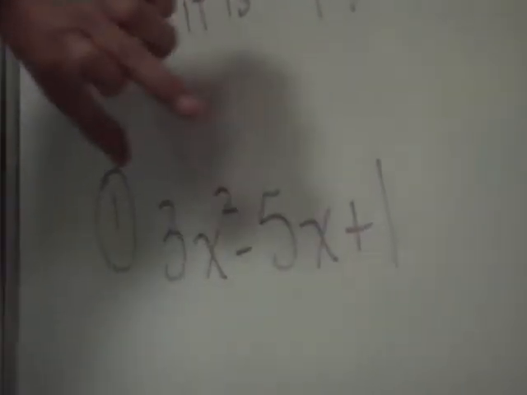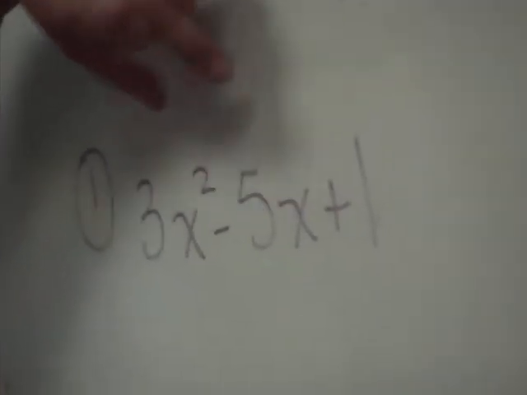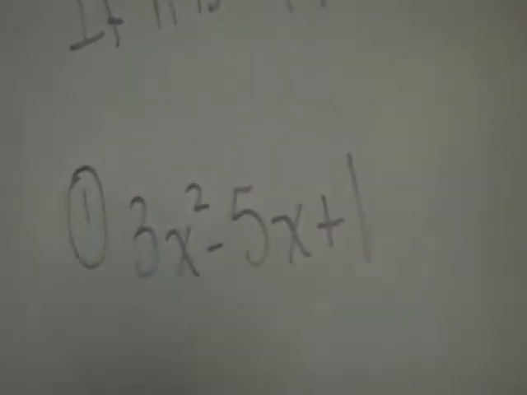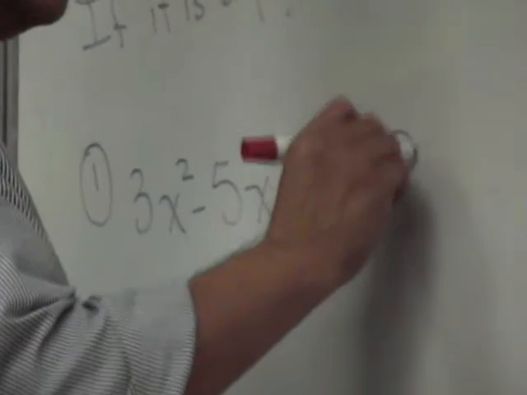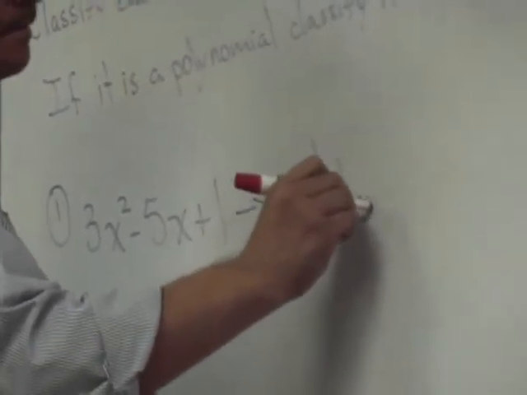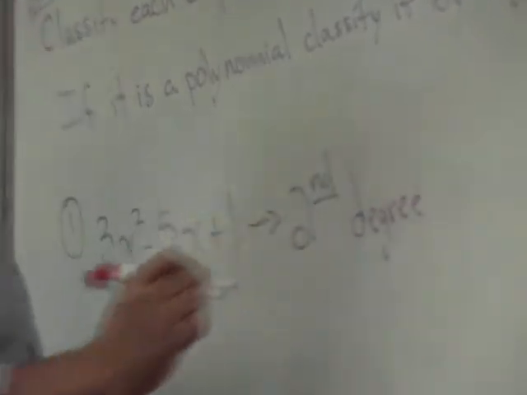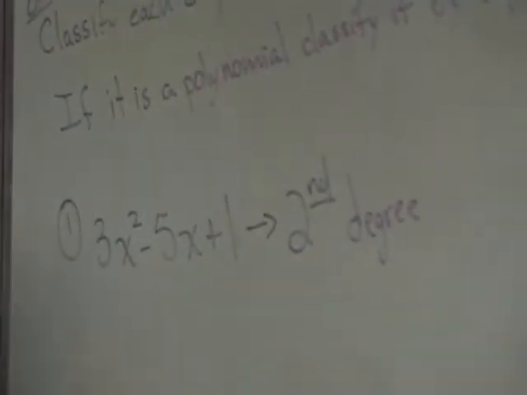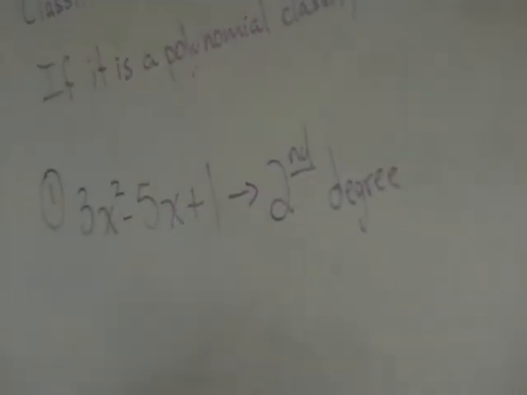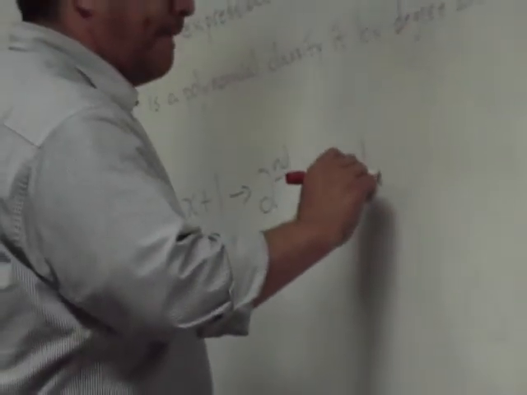We say the degree of this polynomial is 2. We call this a second degree polynomial. So we're just going to say this is a second degree. And then let's classify it by how many terms it has. It has 3 terms, so what do we call it? Trinomial.